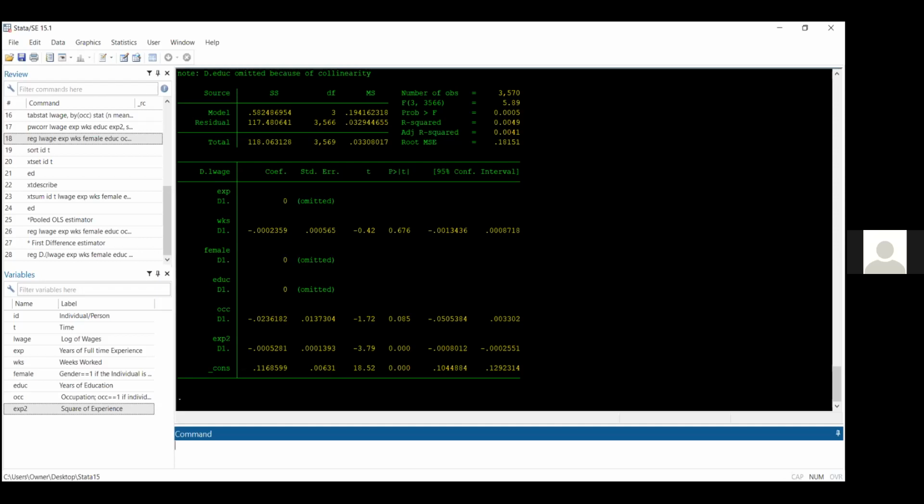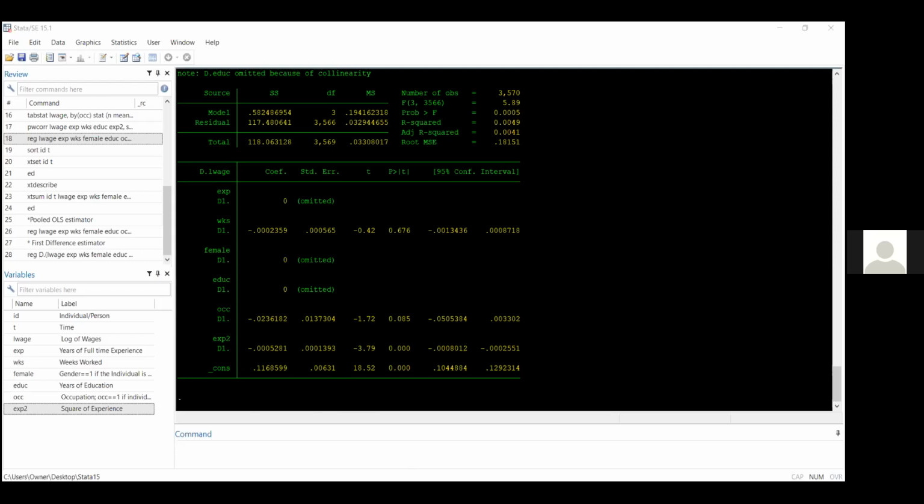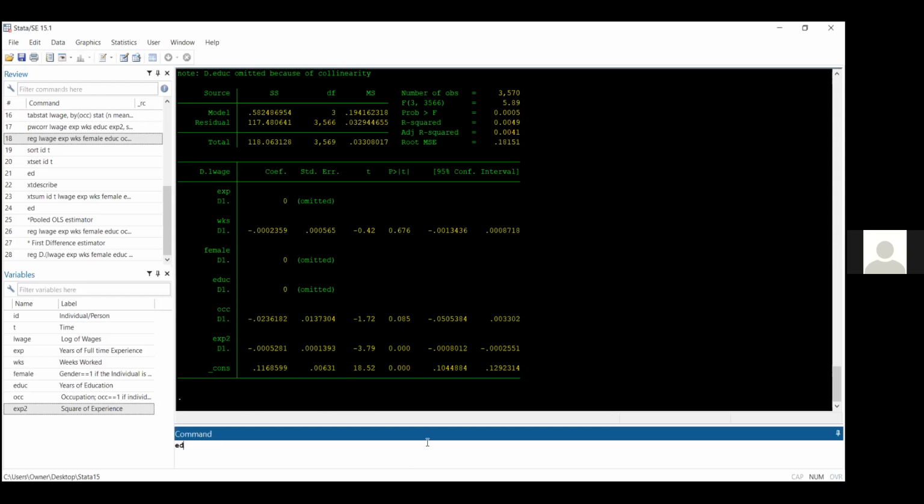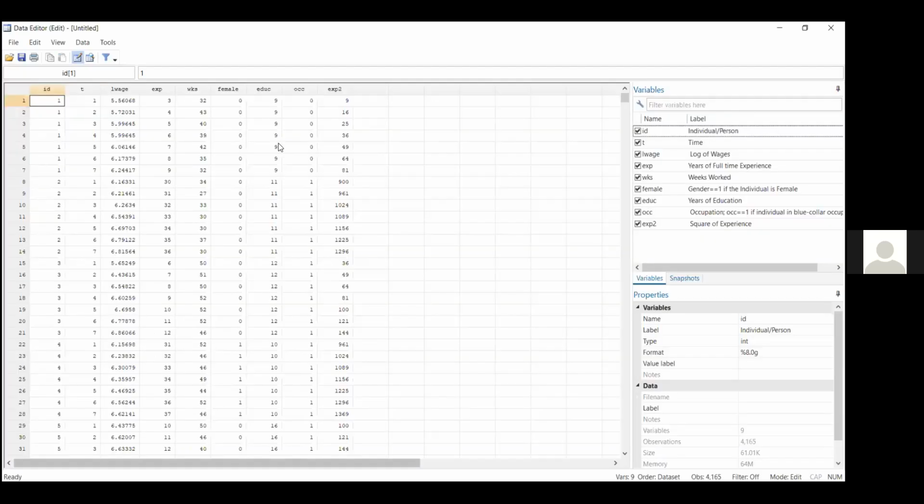I'll just go to the data itself. I'll start with education. The same individual changes: 9 minus 9 is 0, over 9 times gives you 0, because education does not change for a person in this particular sample.